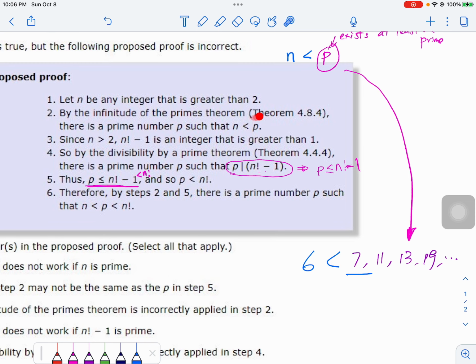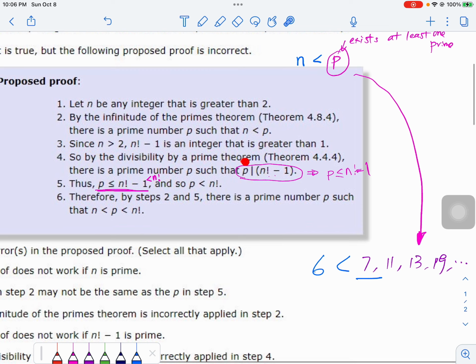Now, instead, if you have 6 factorial minus 1, we guarantee there's some p that divides this, but this p has to be very specific. There may be one, there may be two. I know there's at least one, but this p is not a generic p.